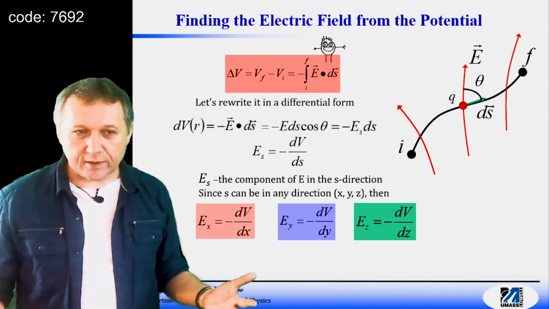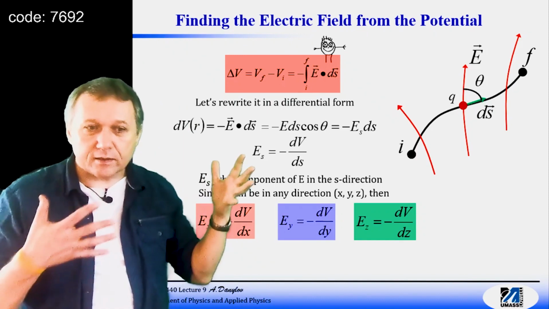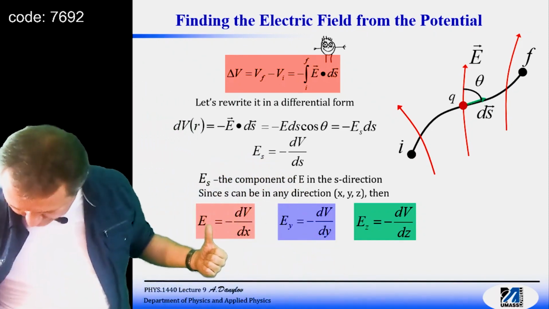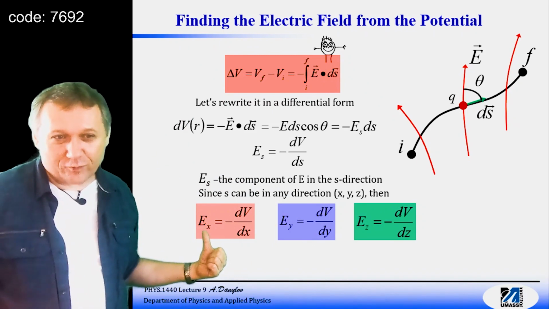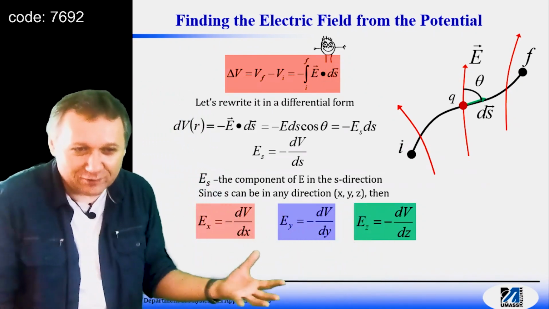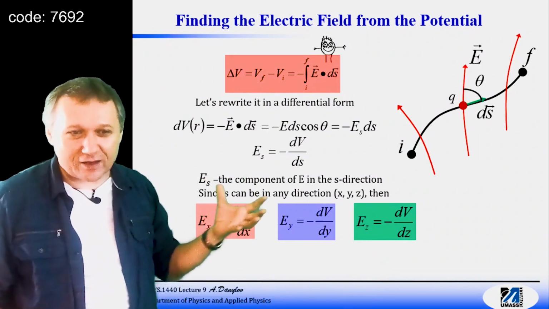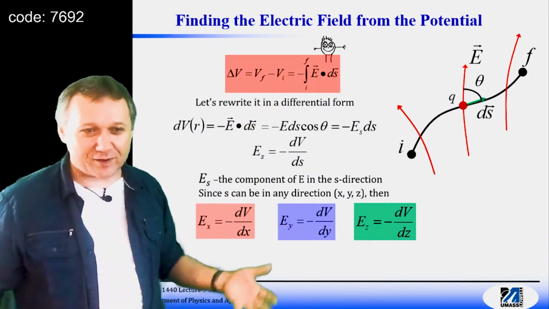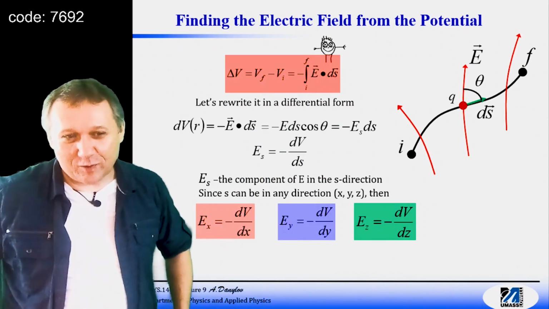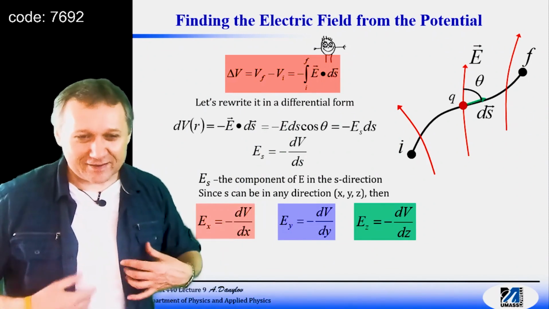What's the nature of the electric field? It's a vector quantity, right? So we need to find three components, E sub x, E sub y, and E sub z. So we need three formulas. But the electric potential is a scalar function. It's just numbers, right? Of course, we need only one formula. So that's the simple explanation.